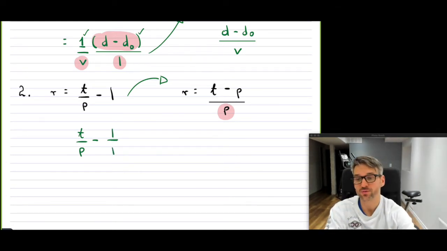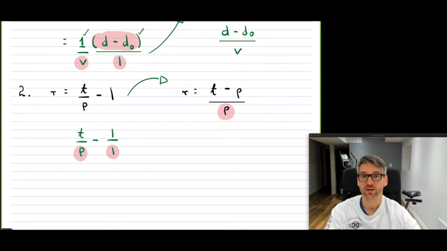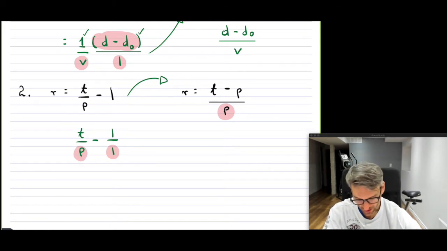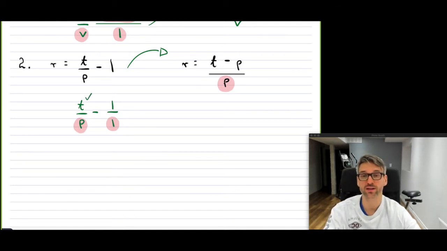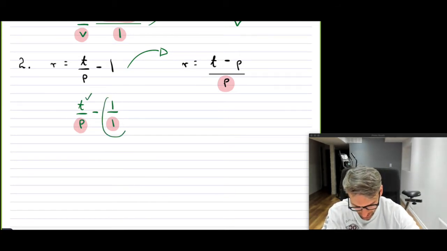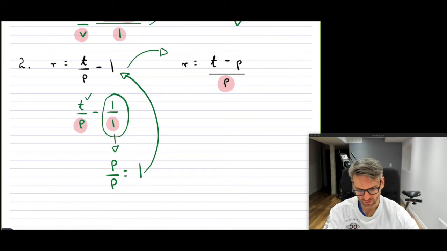So if you want to find a common denominator between p and 1, because those are your two denominators, well, you can just choose the denominator of p, right? And so there's nothing to do with t over p. It's already over p. But this 1 right here, if you make the denominator p, this is going to be the same thing as writing p over p, because p over p is just equal to 1, right? And that's what this was. Okay, so that's the 1.